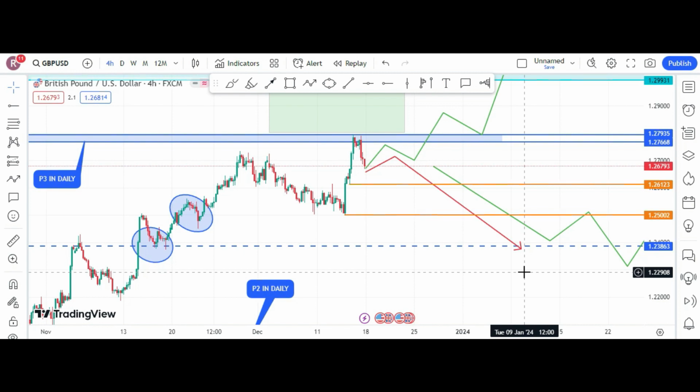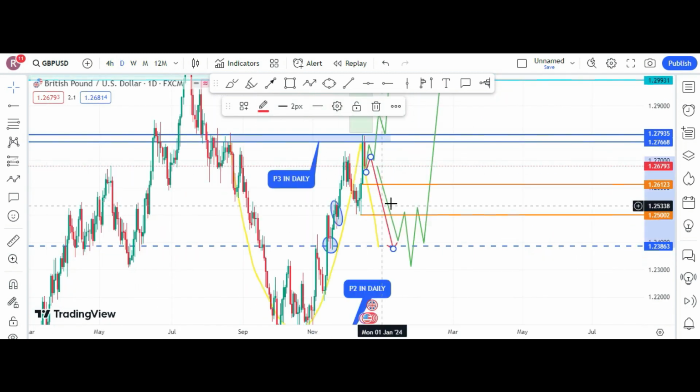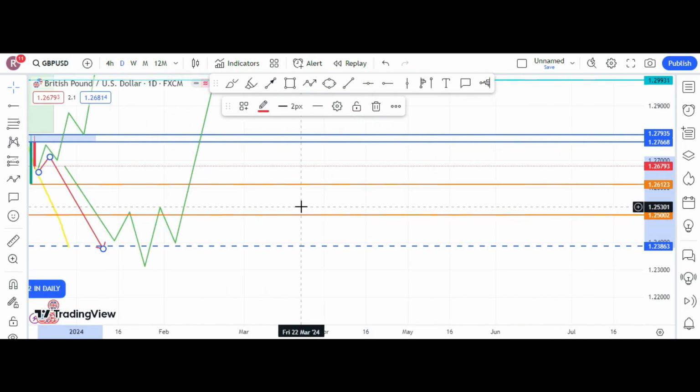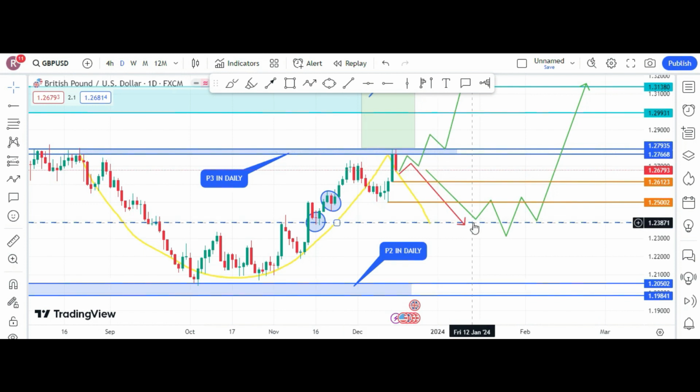And US dollar, this part I have mentioned due to the pattern in the day time frame. If you guys go and see, this is the very famous pattern, cup and handle.